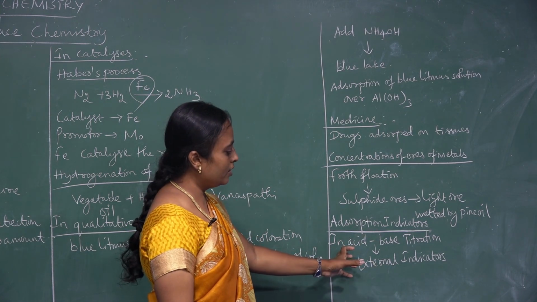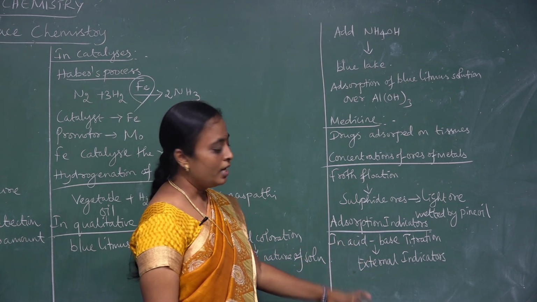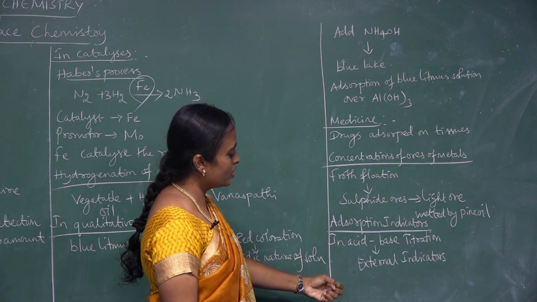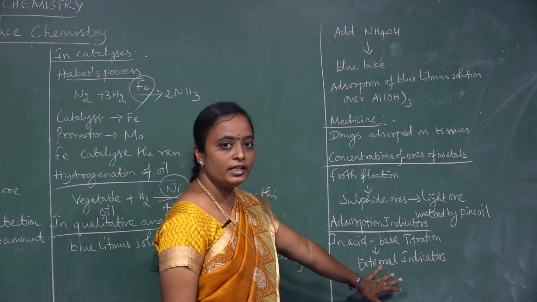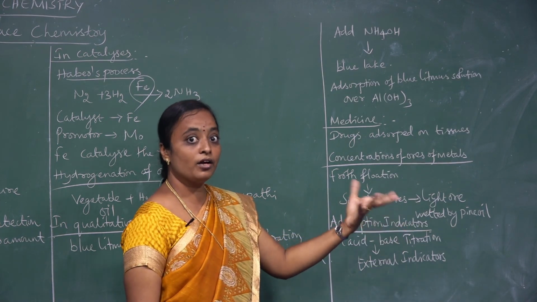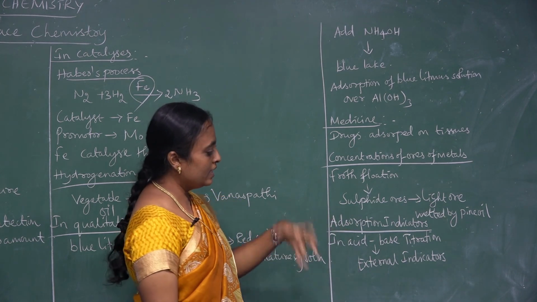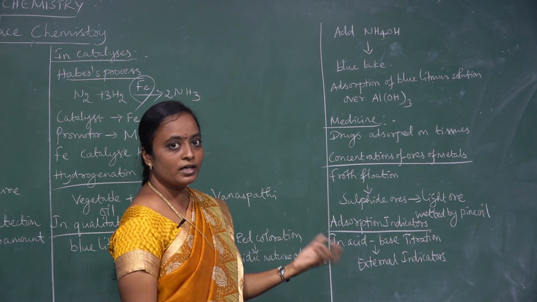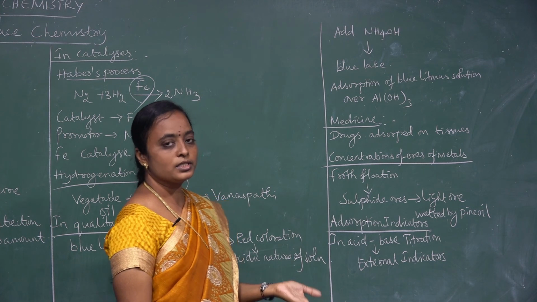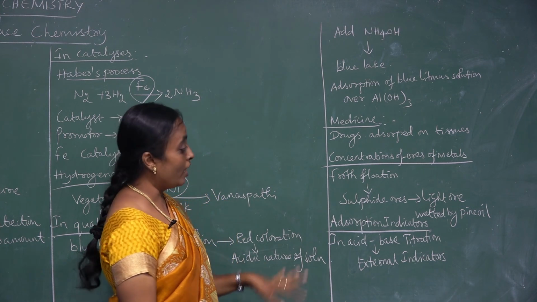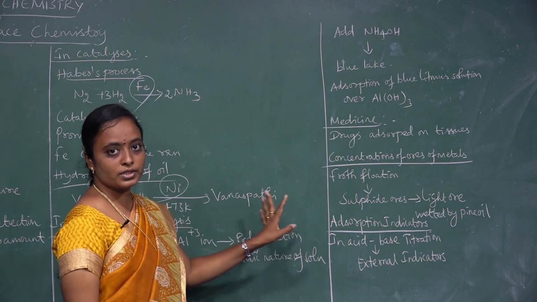Whenever the precipitate is formed, after adsorption of the indicator's color, we get the color of the precipitate. By the color change we come to know whether the reaction is completed or not. For that purpose, we have used adsorption.